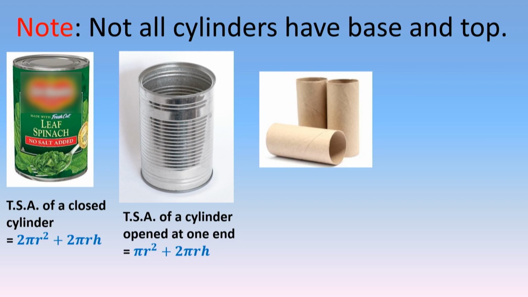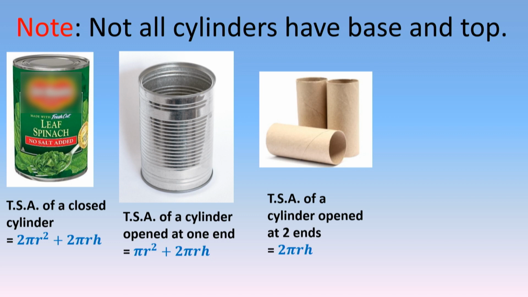Now look at this example. You can see that this roll of tissue has no circle at the top, no circle at the bottom, at the base. So the total surface area of a cylinder opened at two ends will be given by 2πrh, because there are no circles at the top and at the bottom.